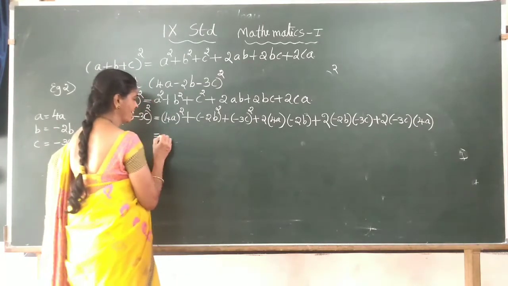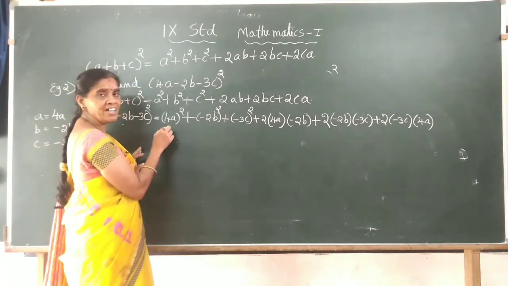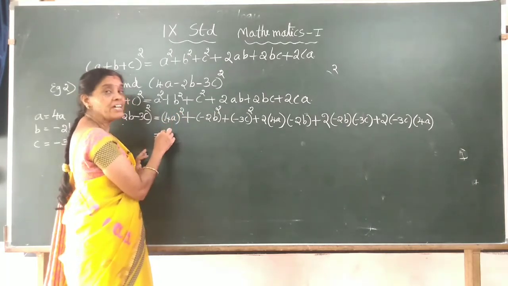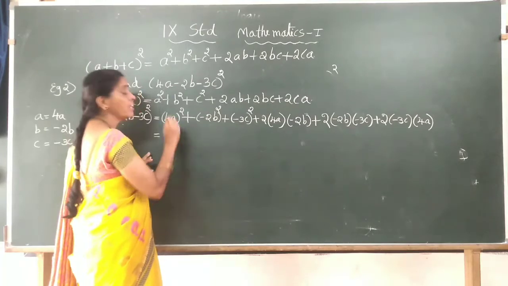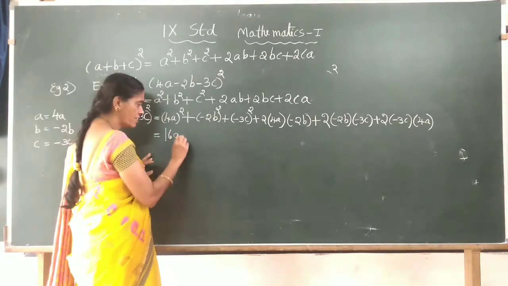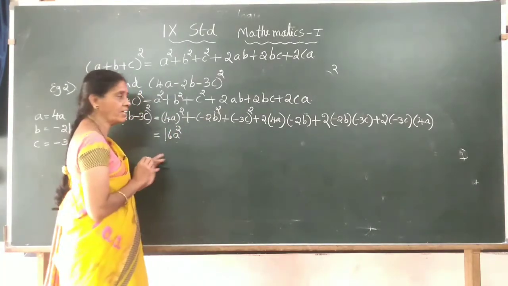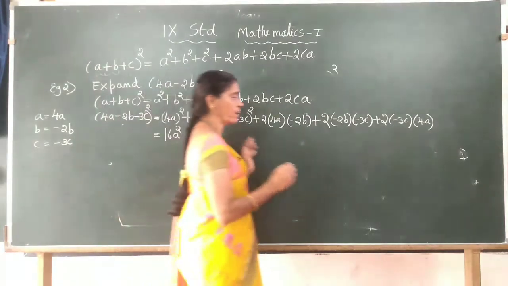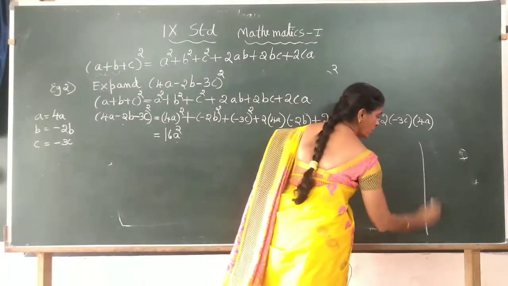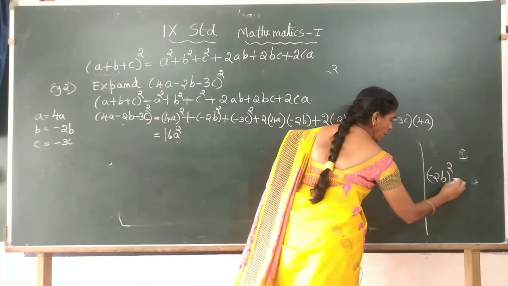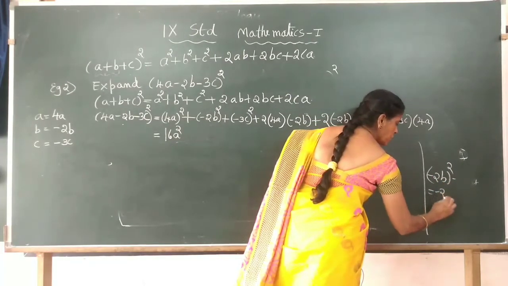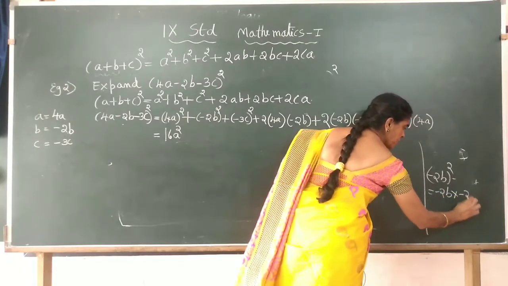Use these values. Now only simplification. Do carefully and correctly. 4A square: 4A into 4A, 4 fours are 16, A into A, A square. Okay. Minus 2B square, what will you get? Minus 2B into minus 2B.